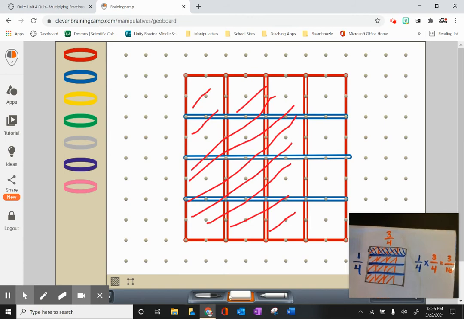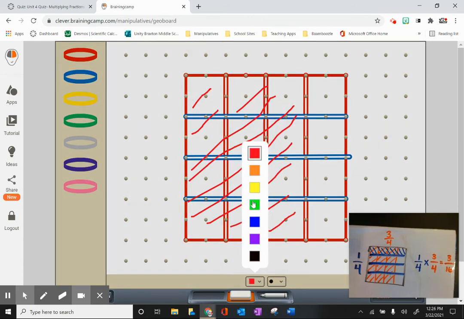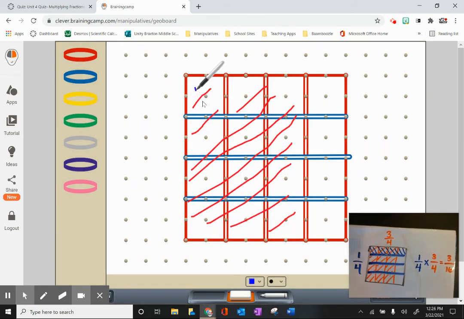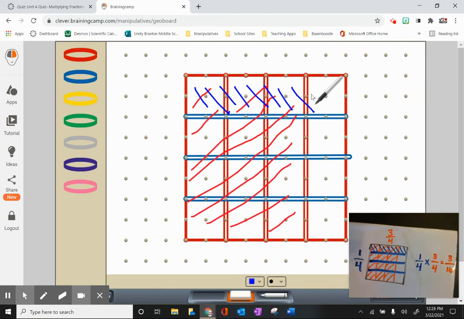All right, and I want to color in 1/4. So it would be this top part, going horizontal. My 1/4 is colored in blue here.